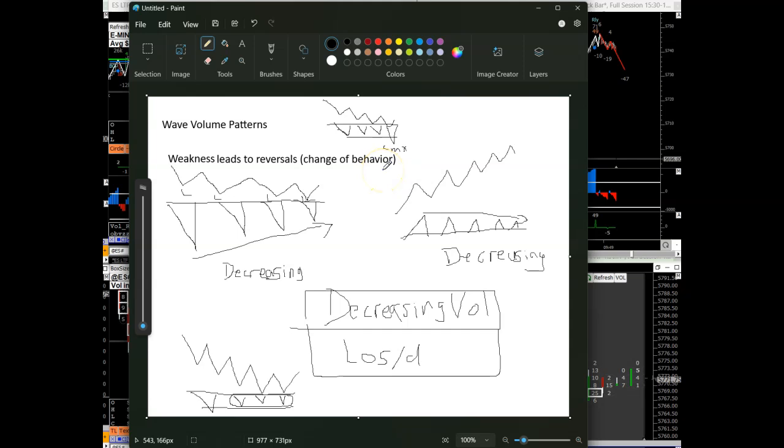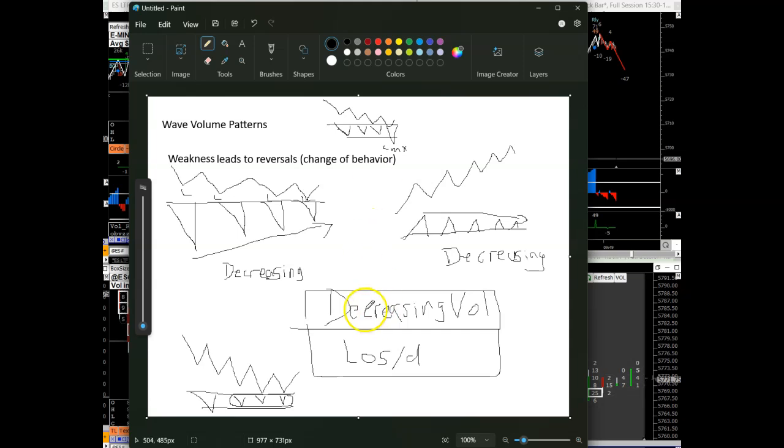The climactic pattern, it's there, but it may just continue. There's no evidence that the supply has dried up. You have to wait for a secondary test after a climax to prove that it's dried up and all of that.